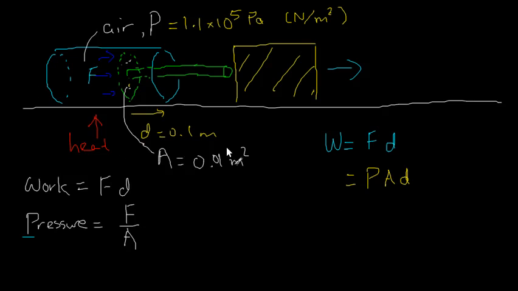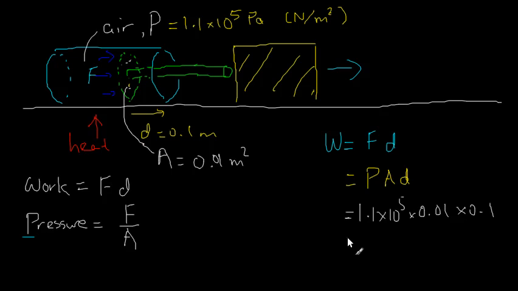So this is what it will look like if we actually work it out. P is 1.1 times 10 to the power 5. A is 0.01, and D is 0.1, so times 0.1.